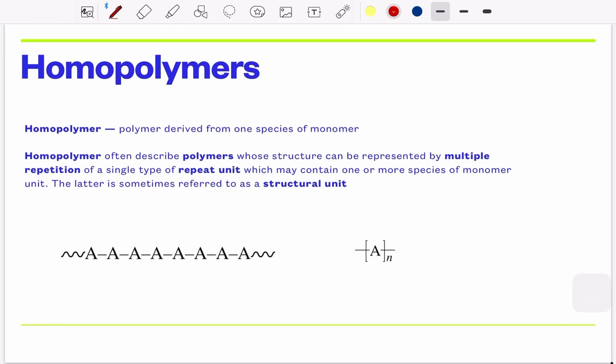A is the repeat unit. Now we could just write A, and then a bracket and n, which denotes that this has many A linked together, right? That is homopolymers.